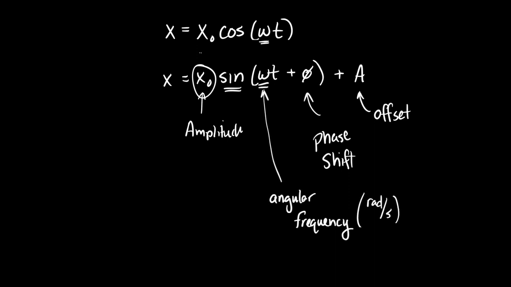The offset is going to be in the same units as the amplitude. It has to be, because it's offsetting by the same thing that we're measuring for the bounce. Phase shift is going to be in radians, but we're not going to have any phase shifts. The only reason there's a phase shift right now is because the picture on the board shows a phase shift from the data I collected, because I started it randomly.